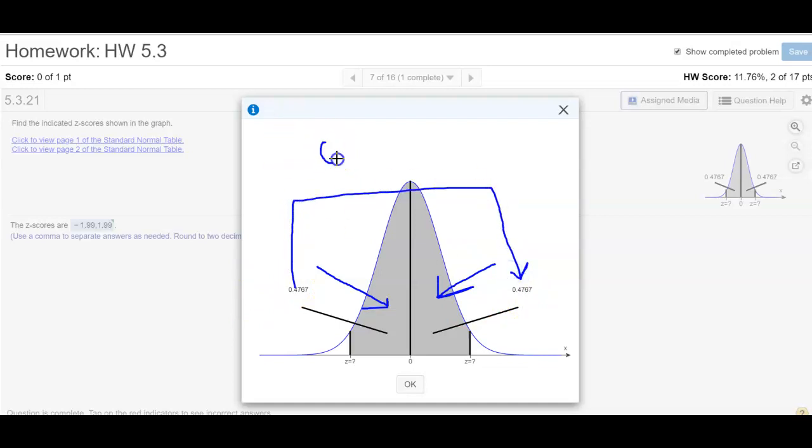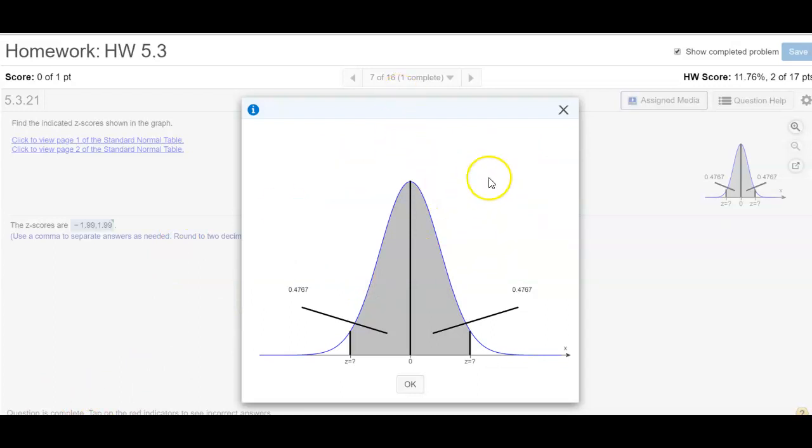So when you do that, you have 0.4767 plus 0.4767.